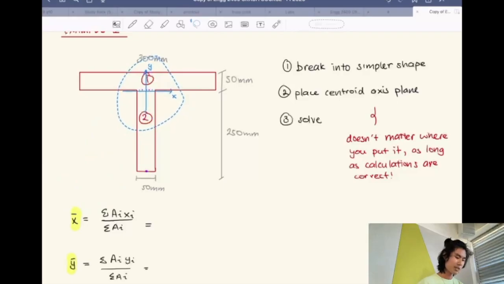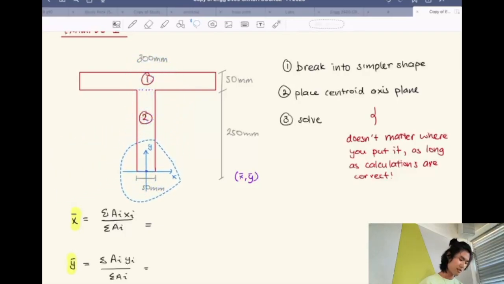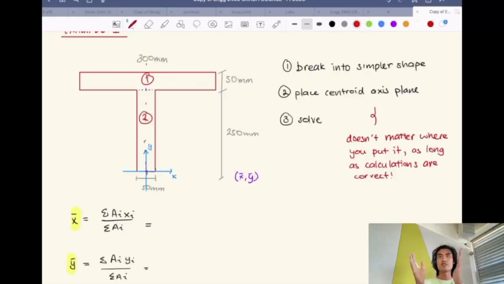Another good place to put it is up here, in between all of the shapes. You can put it virtually anywhere, and you'll arrive at the same answer. It just means that if you put it down here, your centroid is going to have both x and y values. But if you put it along this x-axis, you'll notice that both of the shapes have the same point of symmetry, right?